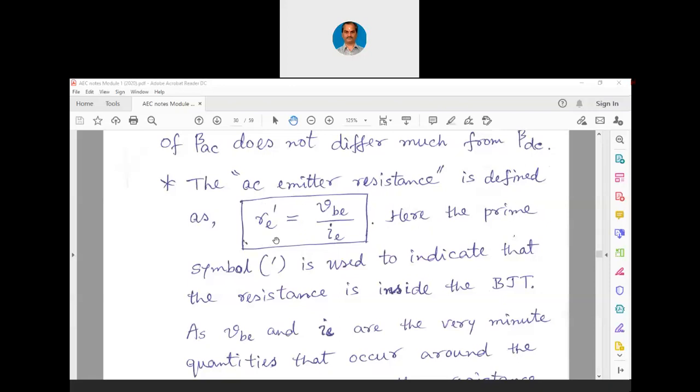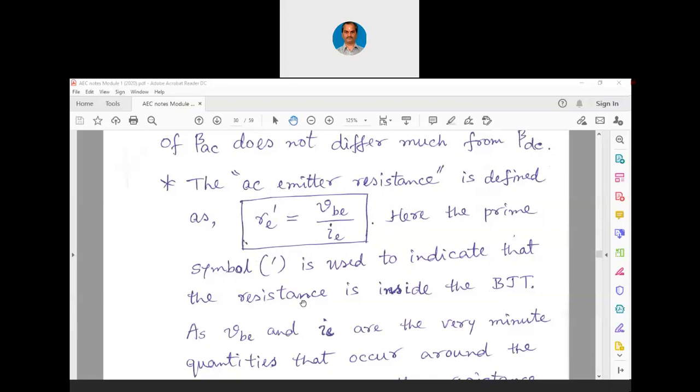To avoid the confusion, the author Malvino uses this dash symbol, whereas Boylestad does not use the dash symbol at all. He directly writes re in small case, and small case indicates it is AC resistance, while capital RE indicates it is actual physical resistance. I am following Malvino's convention here. Later on I will tell you about Boylestad's convention also.